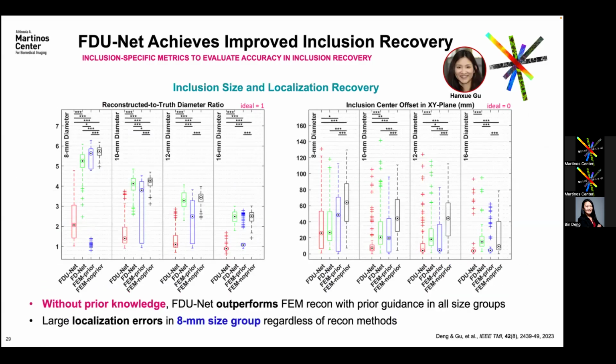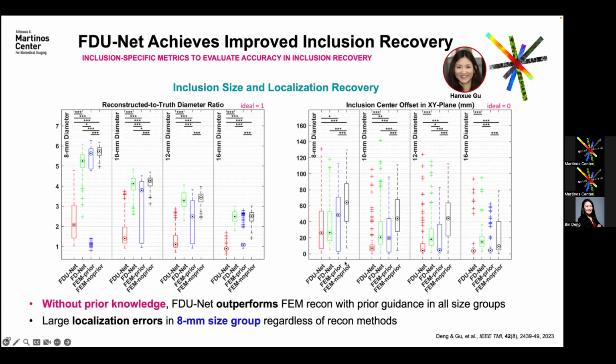We're also interested in how accurately we can recover the inclusion shape, and how close the recovered contrast is to the ground truth location, because for diagnosis, localization is important. So we calculate the off-center in the XY plane, and at 16 there doesn't seem to be much trouble.